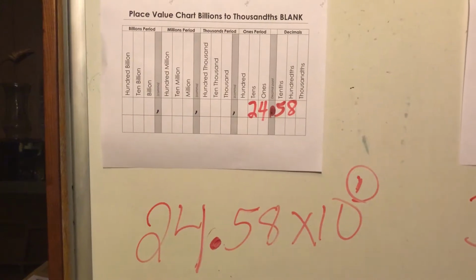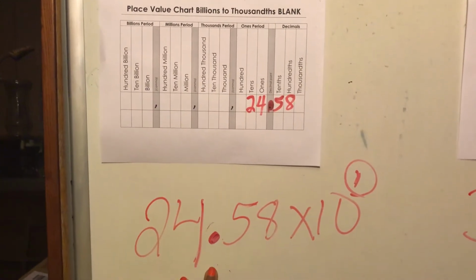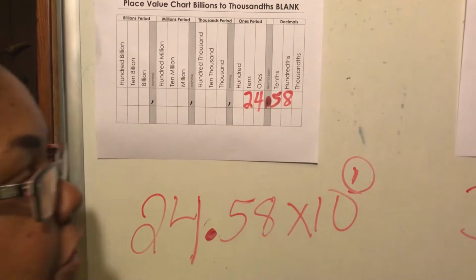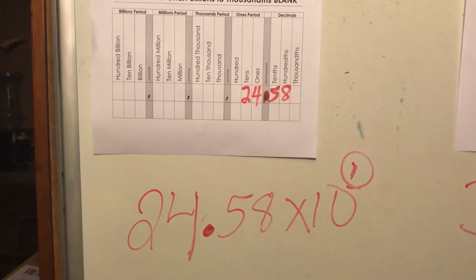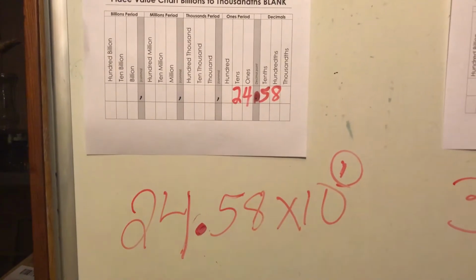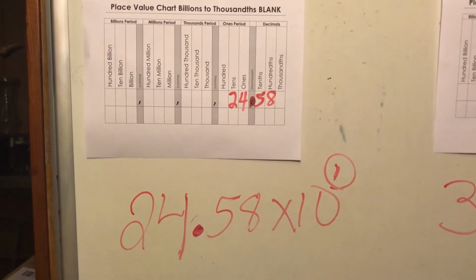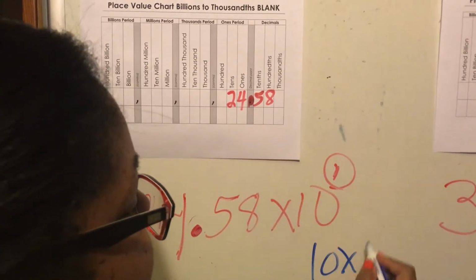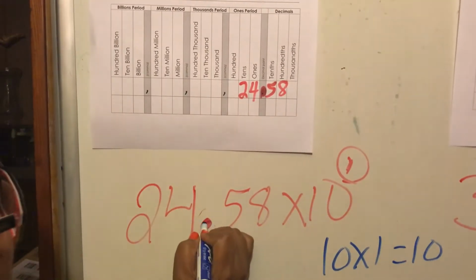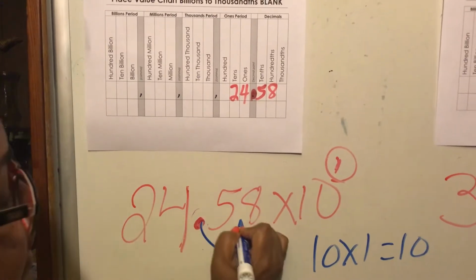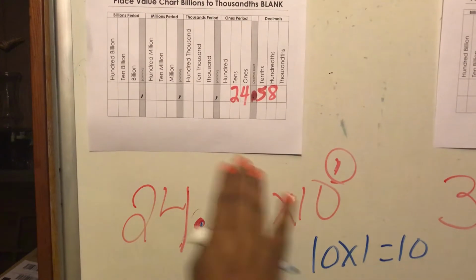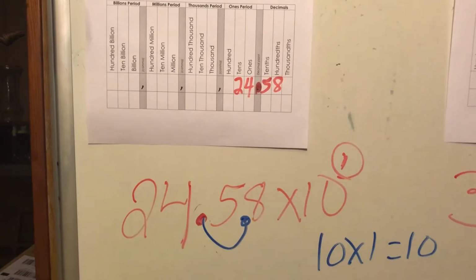Alright? So now, when you're multiplying a decimal by powers of 10, you shift your decimal to the right. So let's shift our decimal one time to the right because this is only one power of 10. That's 10 times 1, which is 10. If I move my decimal once, my numbers' place values shift one time.